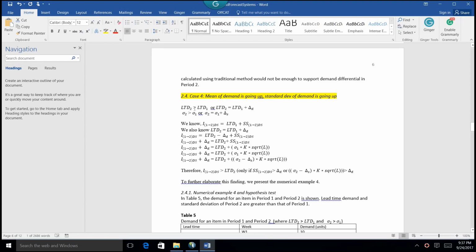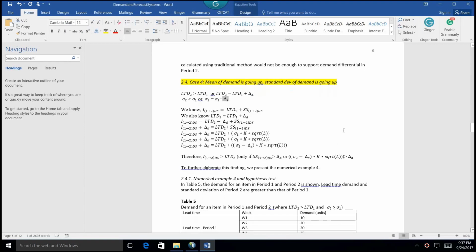So mathematically you can write LTD2 greater than LTD1, and also sigma 2 greater than sigma 1. Okay, so LTD2 equals LTD1 plus delta D, and sigma 2 equals sigma 1 plus delta S. So delta D is the demand differential, delta S is the standard deviation differential.